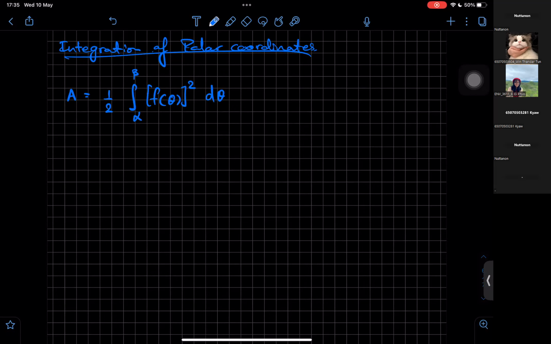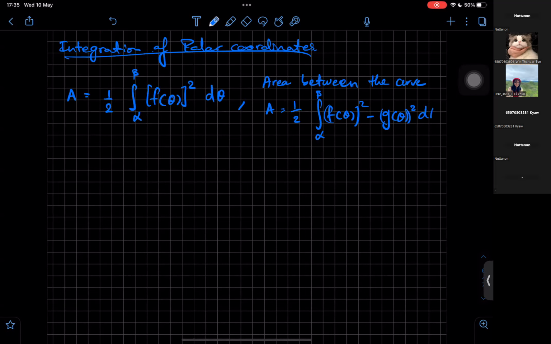And if you want to find the area between the curves, then you just subtract. So the area between the curves is A equal to 1/2 the integral of f of theta squared minus g of theta squared d theta.